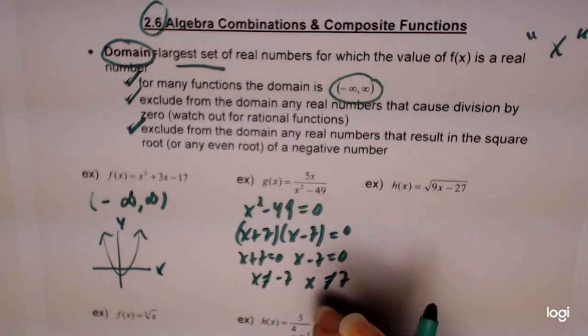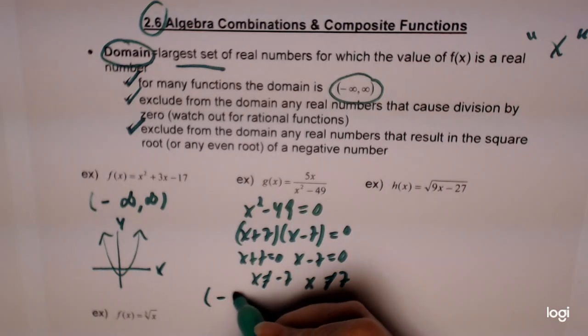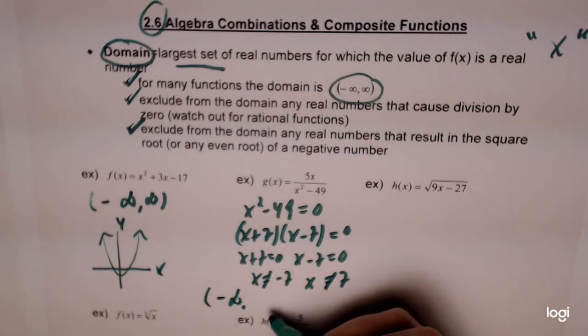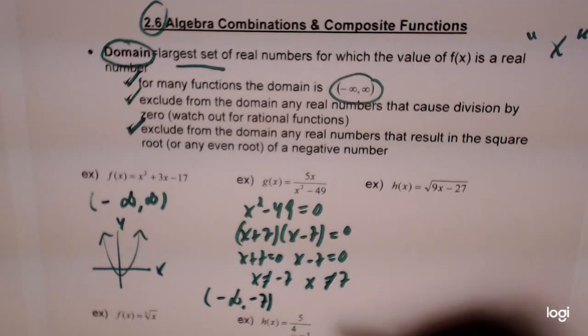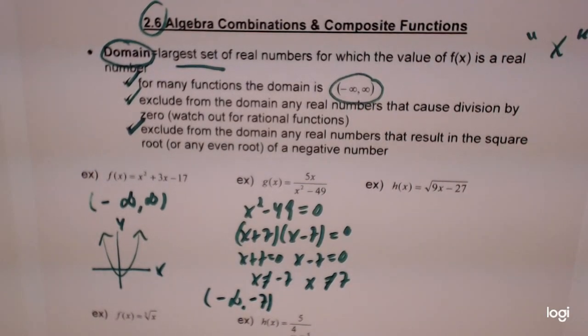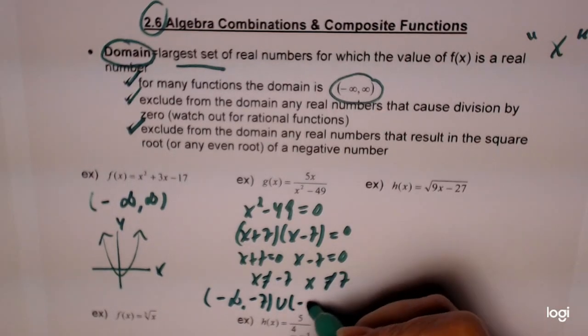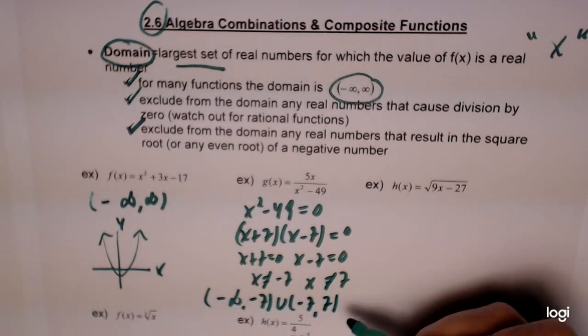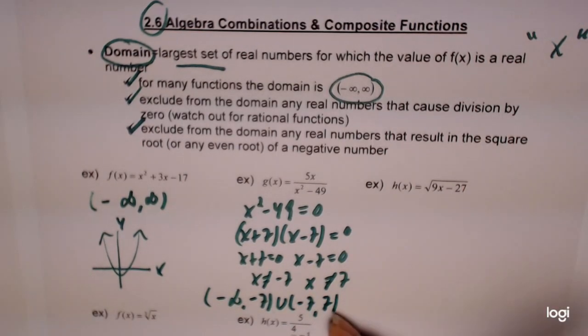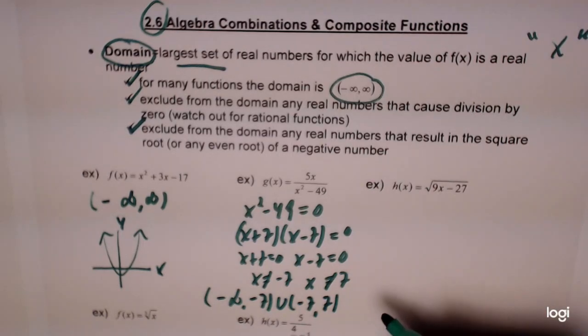Now to write this in interval notation, I start at negative infinity. And now when I get to negative 7, I have to stop because negative 7 is not included. Now I can continue after negative 7. Everything in between is good to go. I get to 7, and again I have to stop because notice the parentheses, 7 is not included.